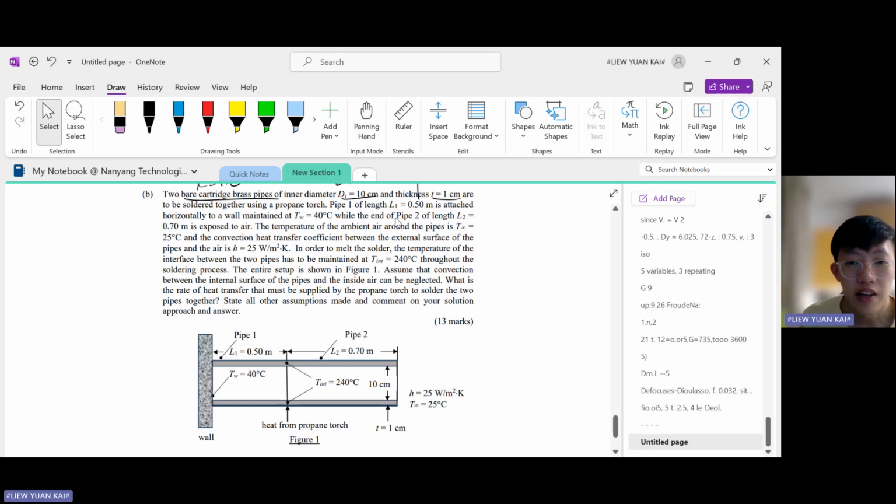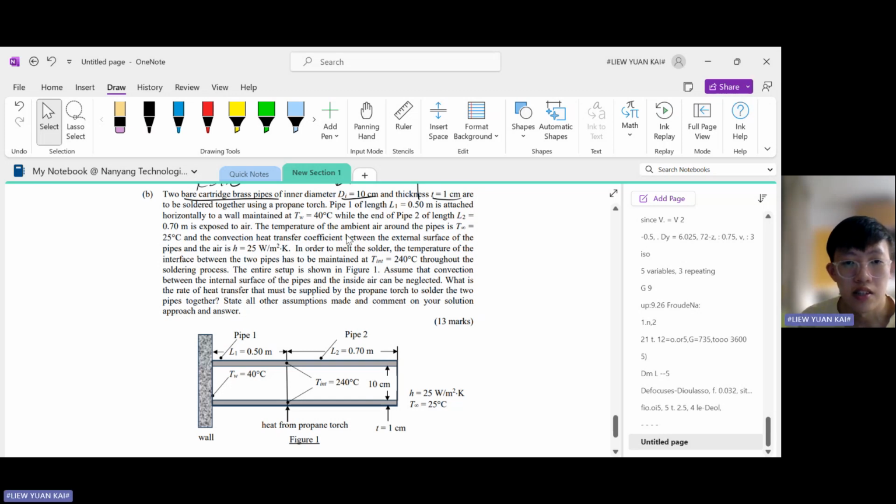While the end of pipe 2 of length 70 cm is exposed to air, and the ambient temperature is 25 degrees Celsius.